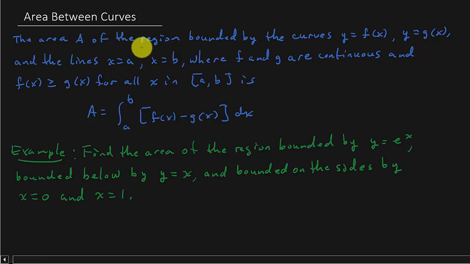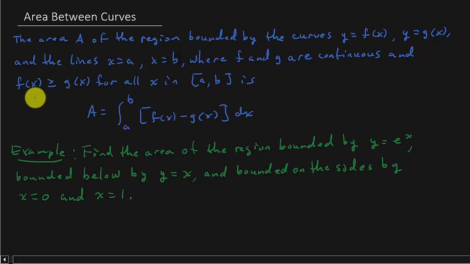The area of the region bounded by the curves y equals f of x, y equals g of x, and the lines x equals a and x equals b, where f and g are continuous and f of x is greater than or equal to g of x, so pay attention to that part, for all x in [a, b], is the area is the integral from a to b of f of x minus g of x.